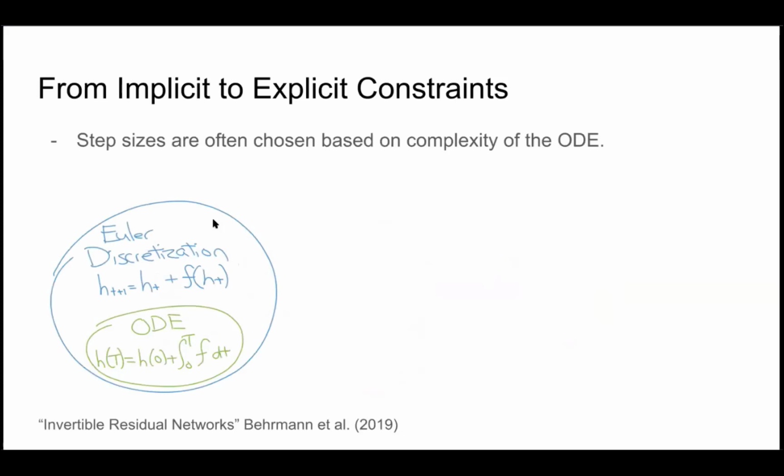So previously, we discussed that because the function f can become arbitrarily complex during training, it's necessary to make use of an adaptive ODE solver that can adapt to the changing complexity of f. In practice, this usually amounts to choosing smaller and smaller step sizes as training goes on. Now, it turns out that if we explicitly constrain the set of functions that f can learn, then we can actually get away with using large fixed step sizes.